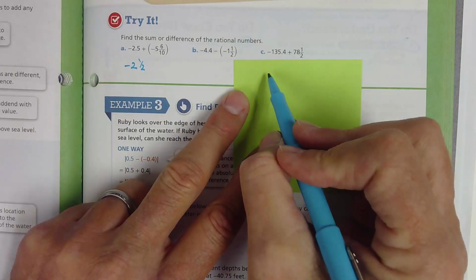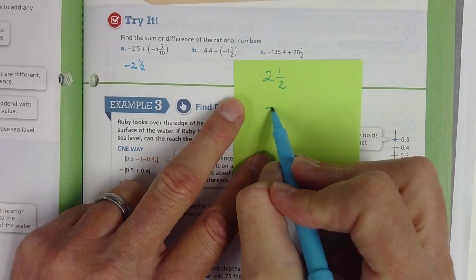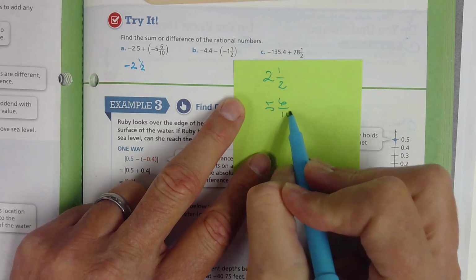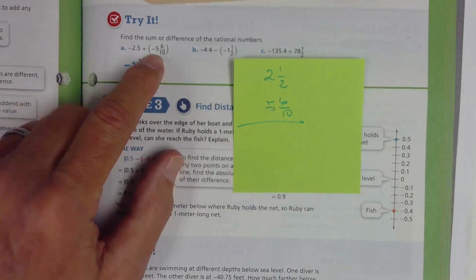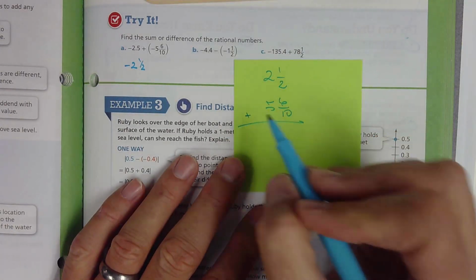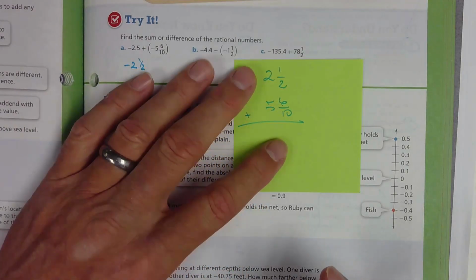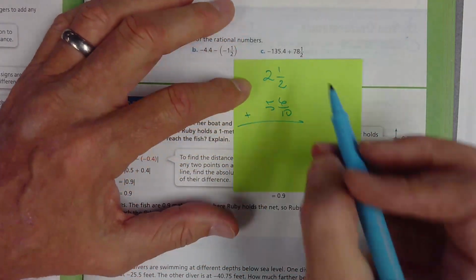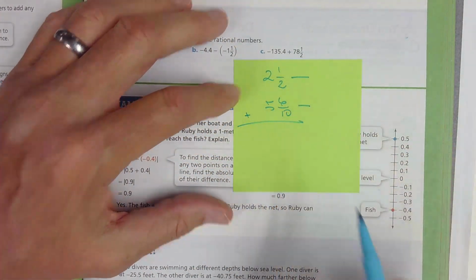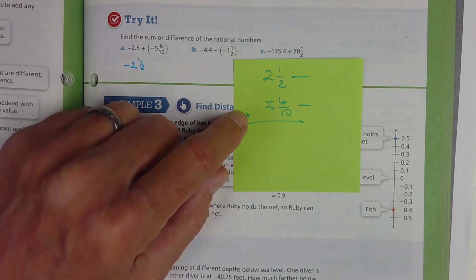So I'm just going to come over here and put 2 1/2, and then I'm going to put 5 6/10. They're both negative, but for the purposes of what I'm doing here, I'm just going to add them together and remember, like I did in the earlier problem, that the answer is going to be negative. So I need to find a common denominator that both 2 and 10 will go into. Miss Brewer, what's the number that both 2 and 10 would go into evenly?